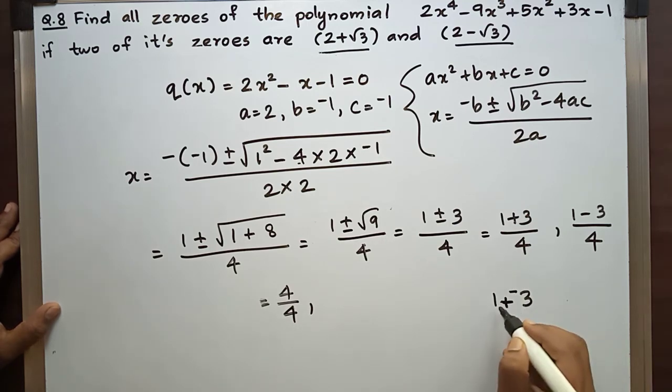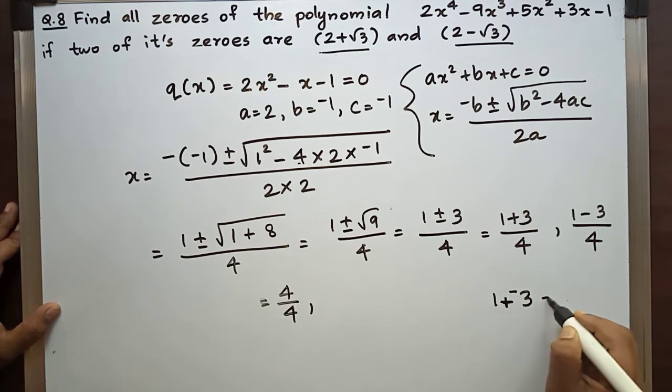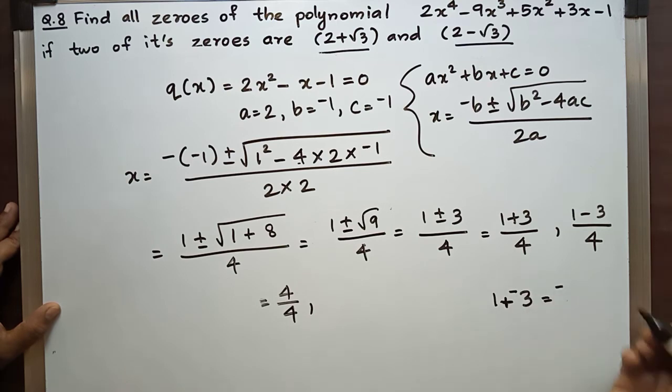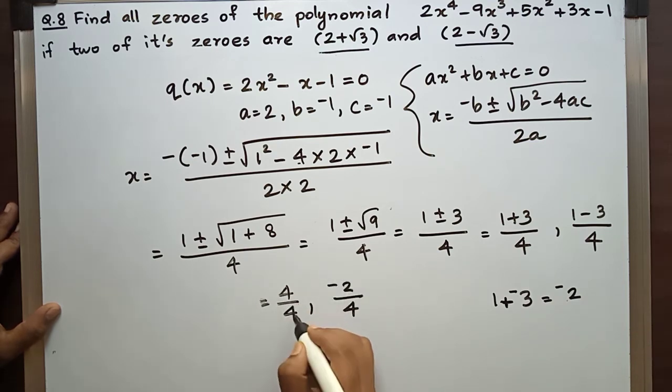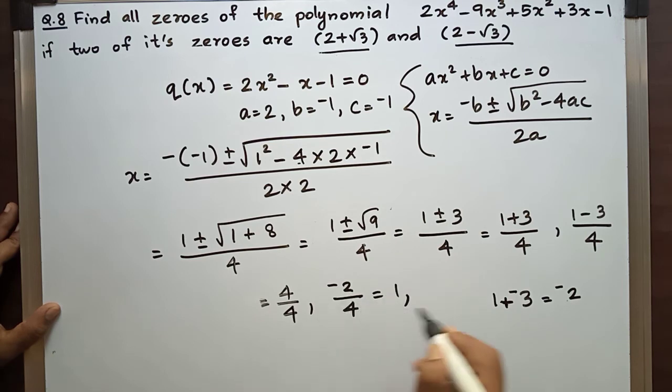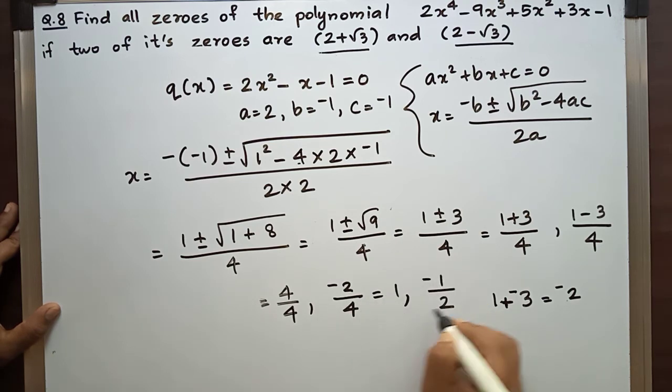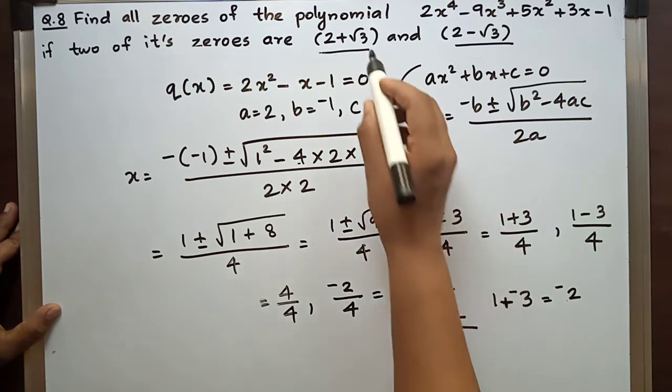See, 1 plus minus 3. Bigger one is negative, so the answer is negative. Bigger minus smaller, 3 minus 1, 2. So this is minus 2 by 4. 4 by 4 is 1 and minus 2 by 4 is minus 1 by 2. So these two are the other 2 zeros of the polynomial.